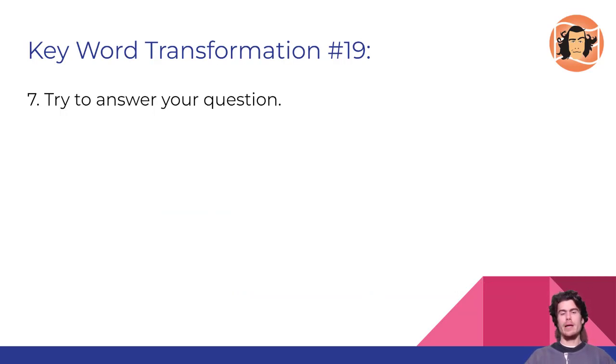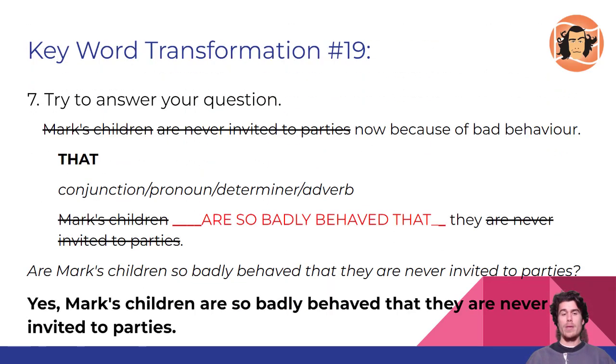So, the answer I've written down is, yes, Mark's children are so badly behaved that they are never invited to parties. And I've got this answer from the information that was given to us in the example sentence. And I can see that the words that I'm using in my answer here are actually the same words that I've used to fill in the gap. And that's a good sign.